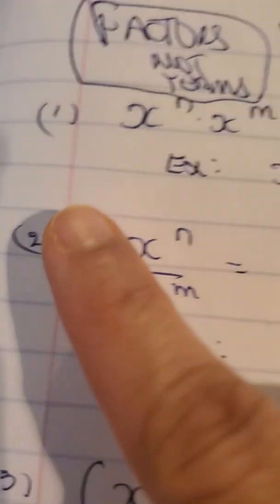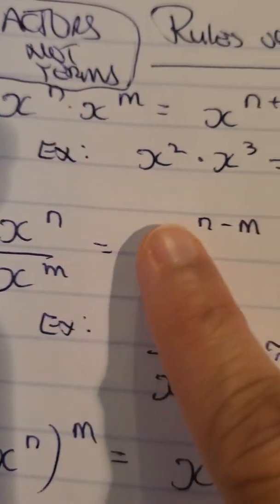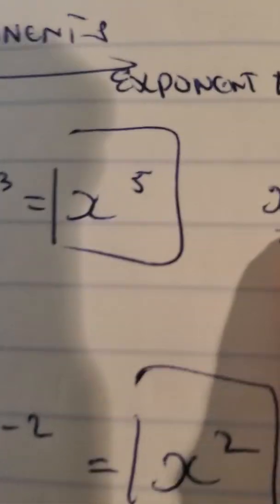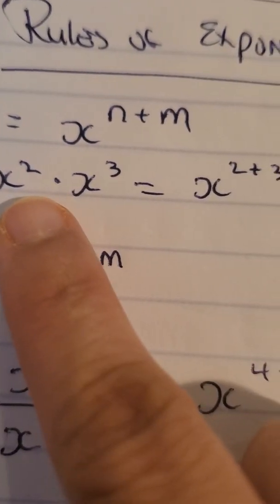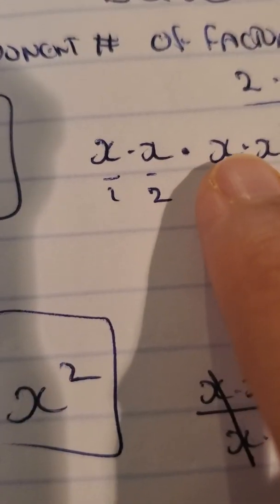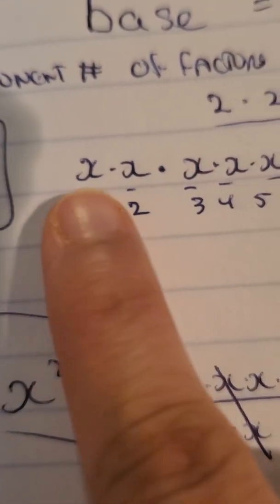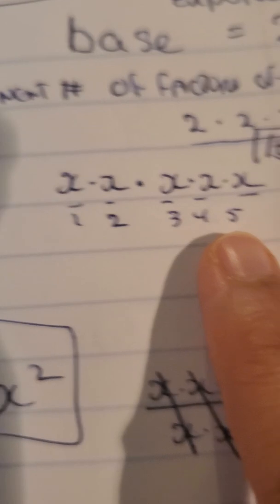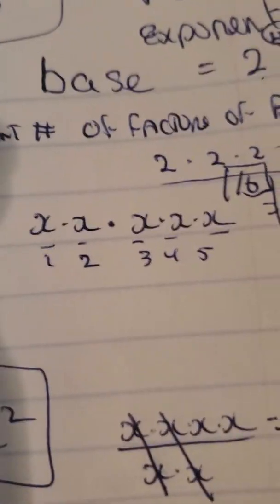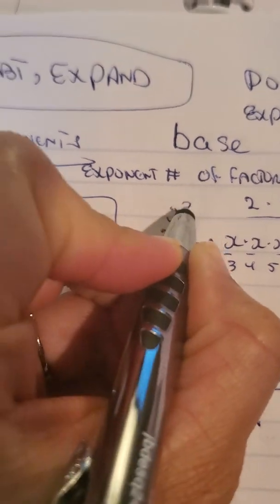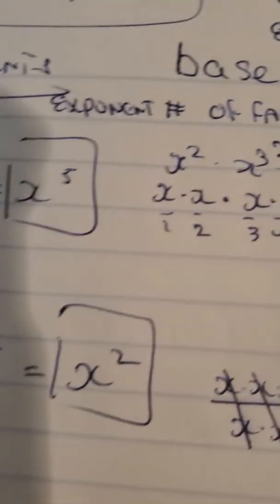So for x squared, I have 2 factors of x, 1, 2. And for x cubed, I have another 3 factors, 1, 2, 3. So I have a total of 1, 2, 3, 4, 5 factors. So that's x to the 5, if we wanted to, when in doubt, expand.